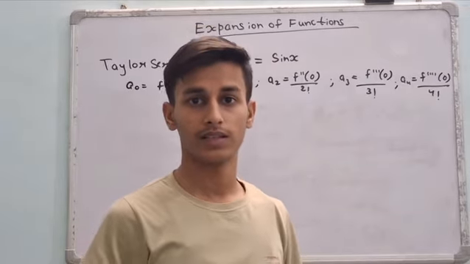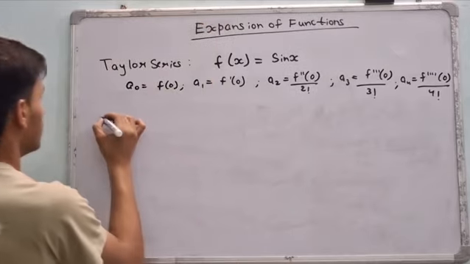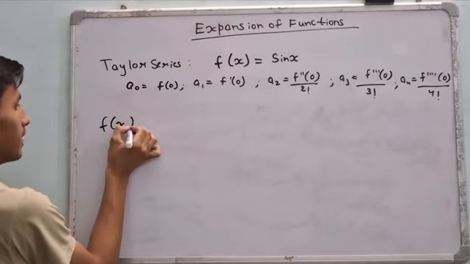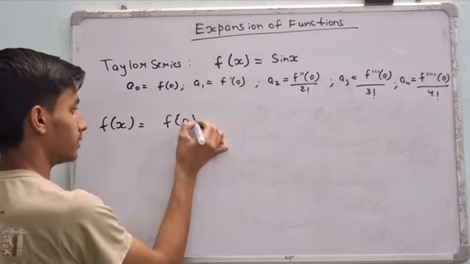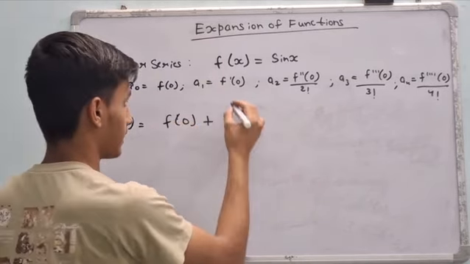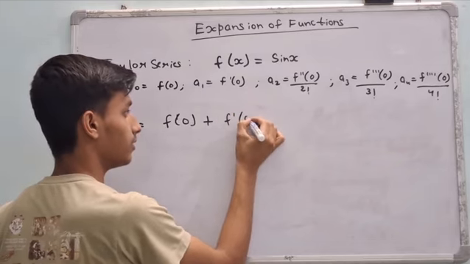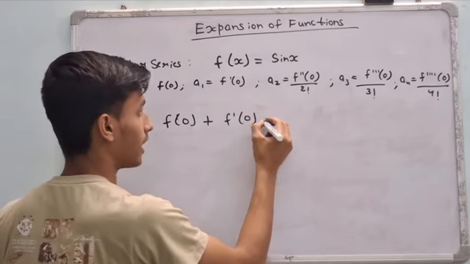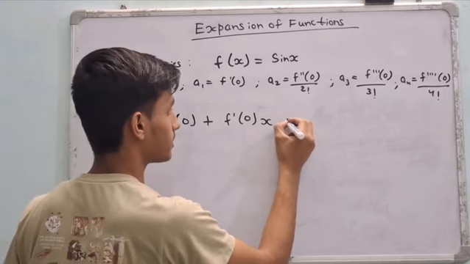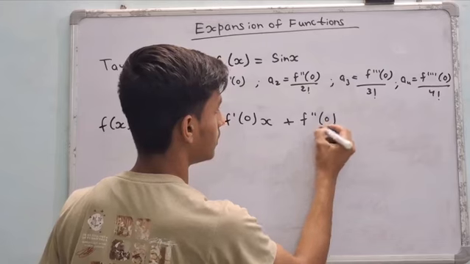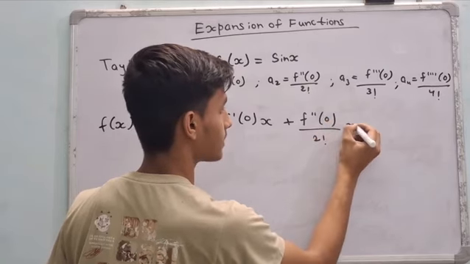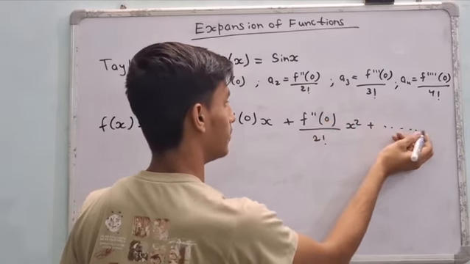Now to expand sine of x, this function f of x will be written as a0, where a0 is f of 0, plus a1x, where a1 is the first derivative at 0 times x, plus the second derivative of the function over 2 factorial times x square, till infinity.